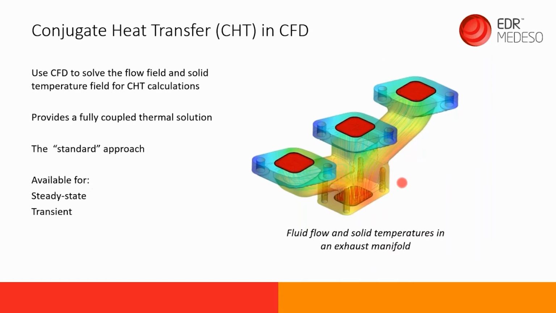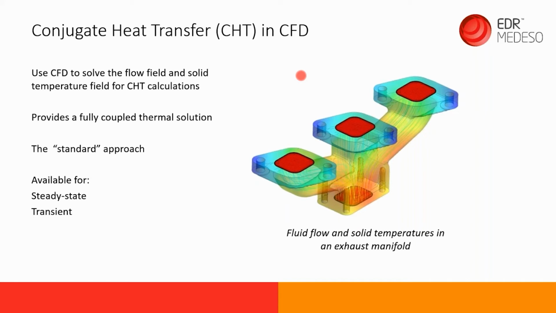So at its most basic level, conjugate heat transfer is conducted entirely within a CFD solver, and in our case, we're looking at Ansys Fluent. So that's the standard approach. You can do steady state or transient analysis, and what that will do is solve for the fluid flow in the fluid region, and it will simply solve conduction through the solid region.